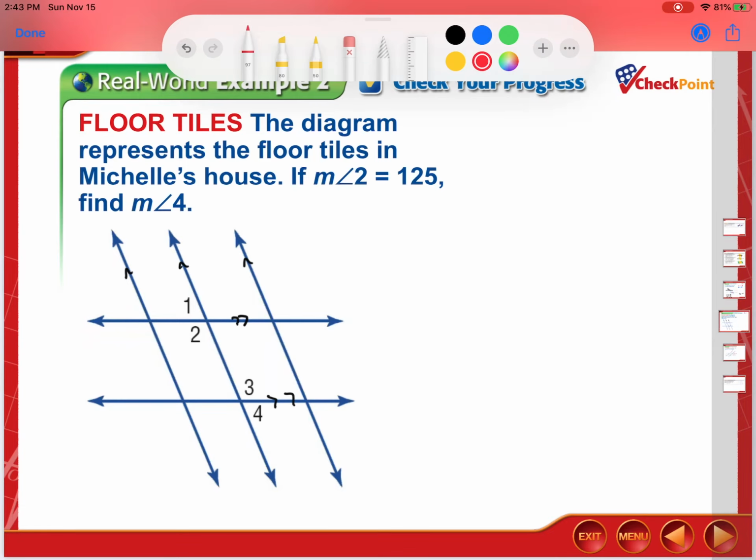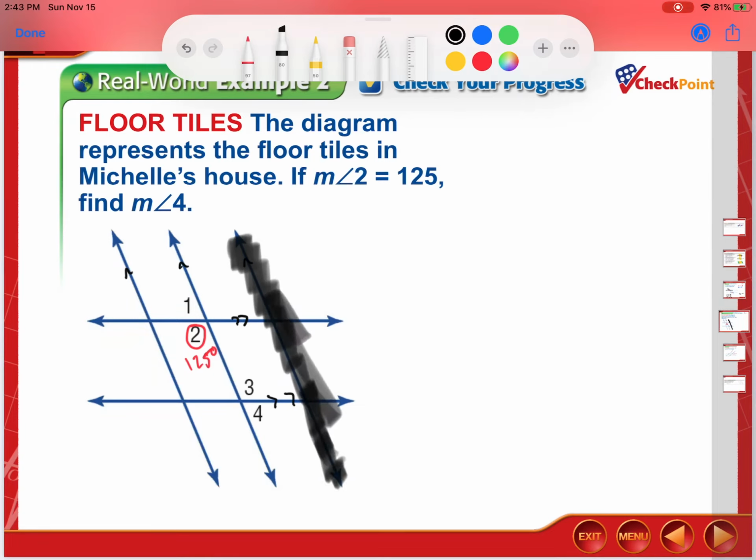So right away, let's highlight which ones are the same. My red angles, again, I'm going to use as my obtuse angles, and my blue are going to be my acute. So angle 2 is obtuse, and we know angle 2 equals 125 degrees. I'm going to use my black marker and black this whole piece out because I don't think we need it.